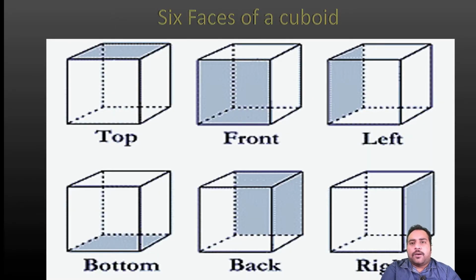See, this is the top face, front face, left face, bottom face, back face and right face. These are the 6 faces of a cuboid. Now, each face is a surface.